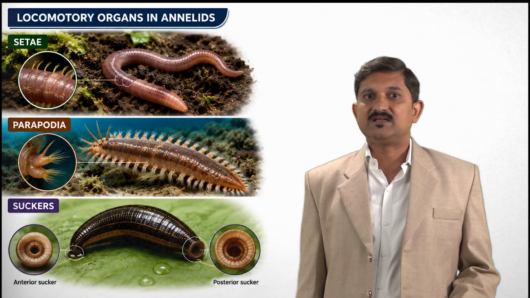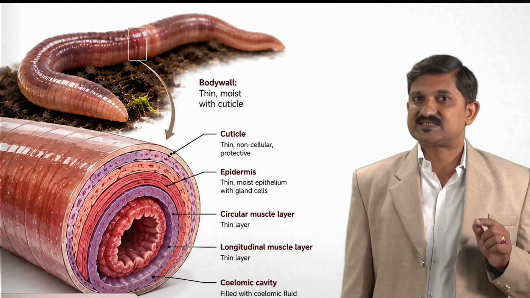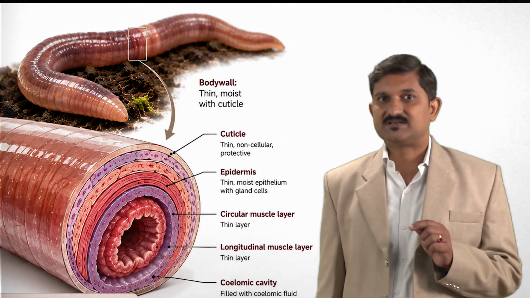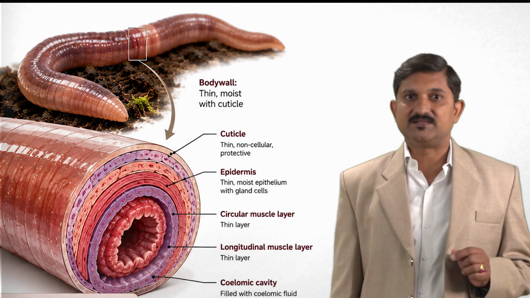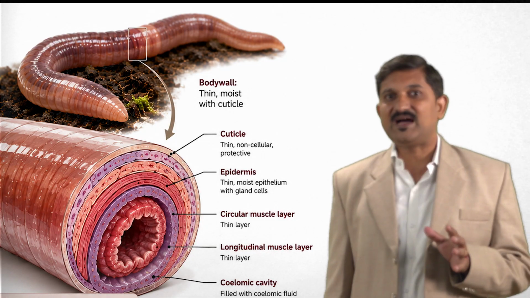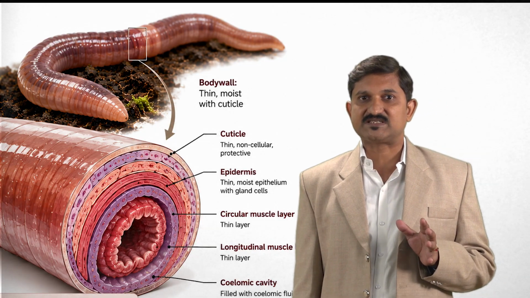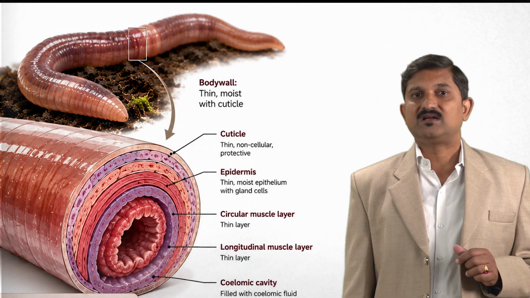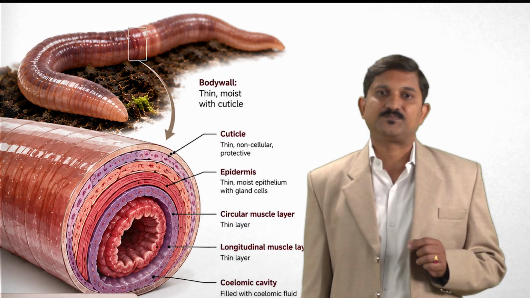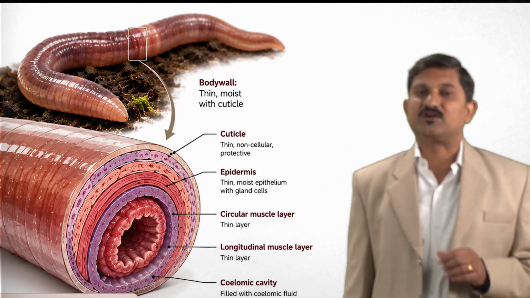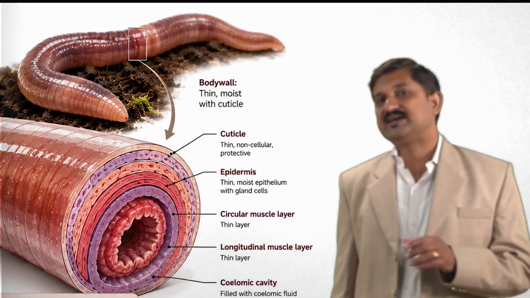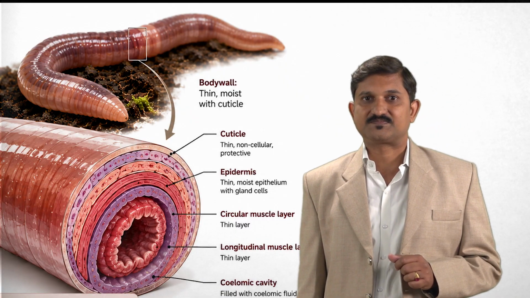The body wall in case of annelids is thin and moist, which is containing a non-cellular cuticle. This is lined by a single layer of epidermis and circular and longitudinal muscles. These muscles are smooth, which are highly contractile, and thus they help in locomotion.